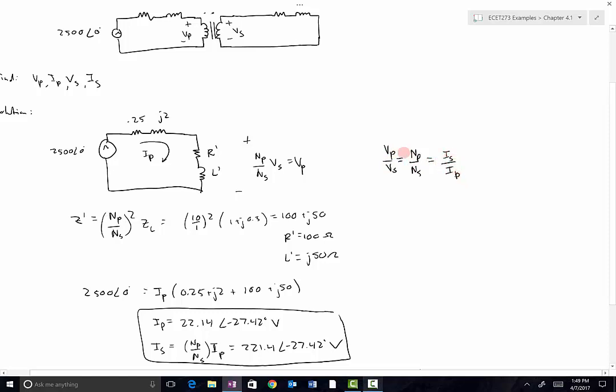So that's one rule. You can refer the primary side to the secondary side just using the turns ratio. And then if I want to refer an impedance across, due to Ohm's law, ZL prime is going to be equal to ZL times NP over NS squared, right? I've got that written down here. So these are the two rules that you have to apply to anything on the secondary side to move it over to the primary side.